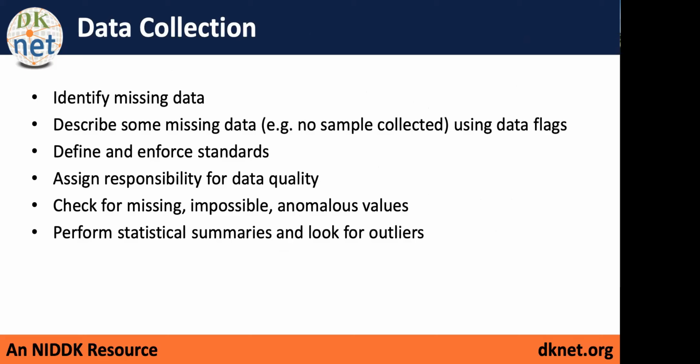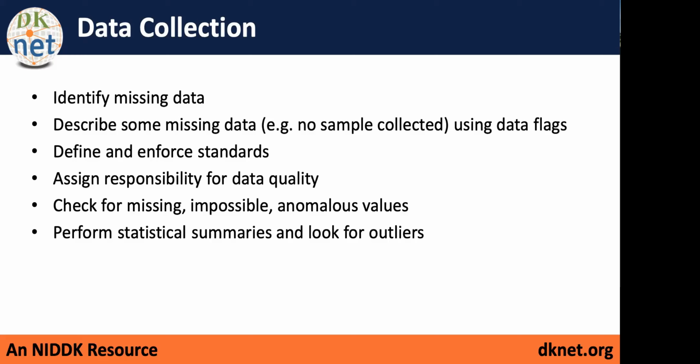The next section is about data collection. So here, we want to deal with certain things as you're pulling data in. How do you identify missing data? What happens if an instrument has issues, or someone didn't note the appropriate information?